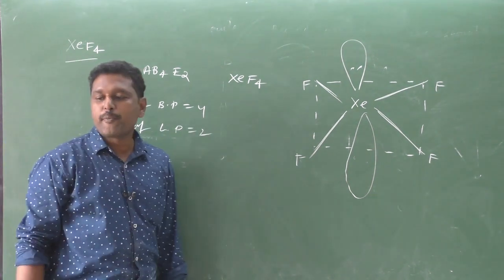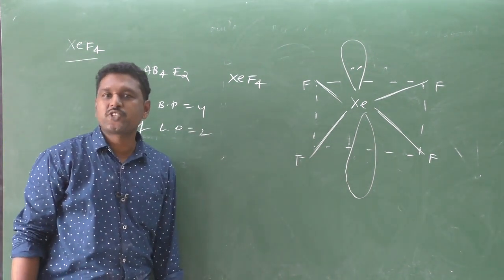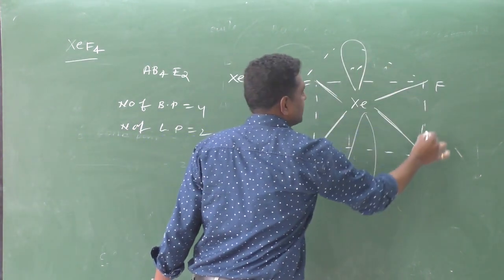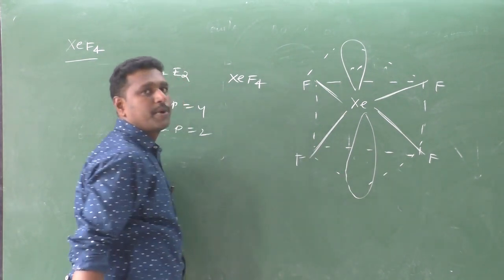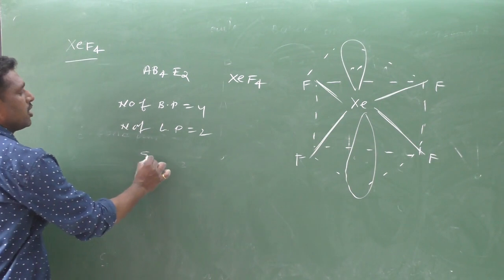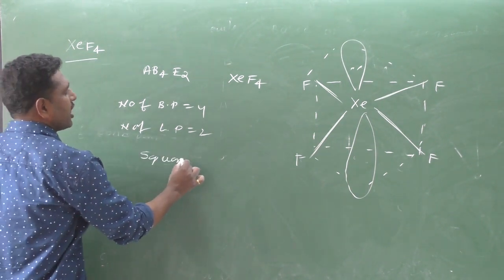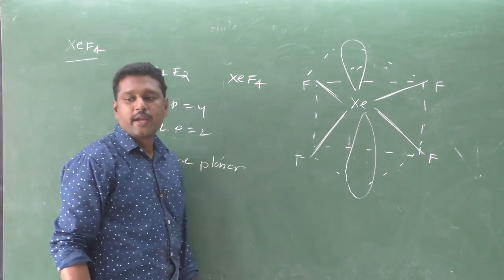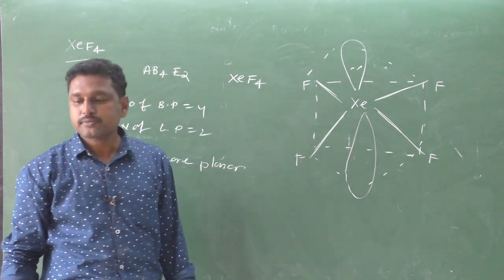The actual structure is octahedral, as in SF6. But since 2 lone pairs are there, the structure is square planar.